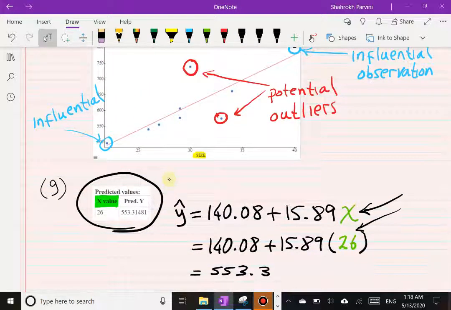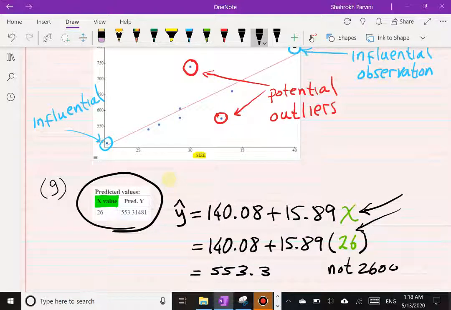Do not type 2,600. If you do, you put two more zeros in front of it. That's a house that is 260,000 square feet.